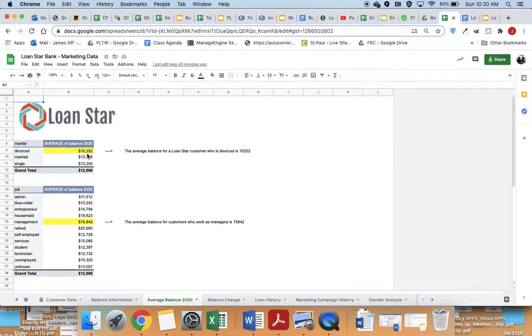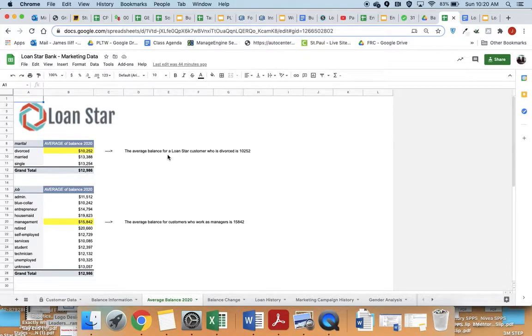So now we start to break out that data based on these variables. Average account balance, that's how much money you have in the bank, and we break it out based on these variables. In this case, your marital status. Over all of our customers, those who are divorced tend to have an average of $10,000 in the bank.